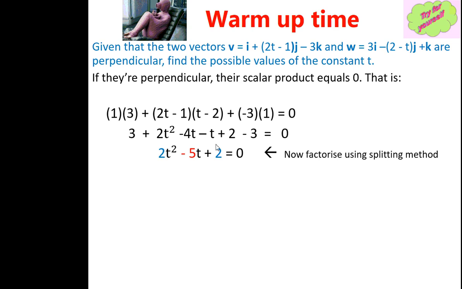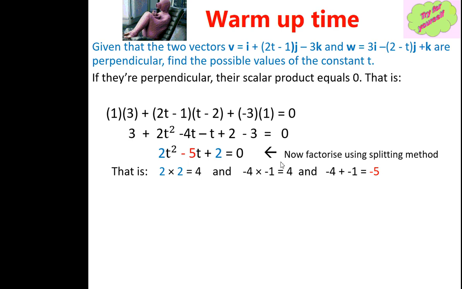So remember to do the splitting method. You go, what's 2 times 2? It's 4. Then try to think, what are 2 numbers that multiply to give 4 and add to give -5? So you end up with -4 and -1, because -4 times -1 multiplies to give 4, and -4 plus -1 gives you -5.